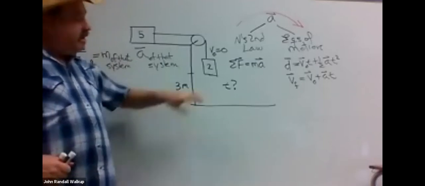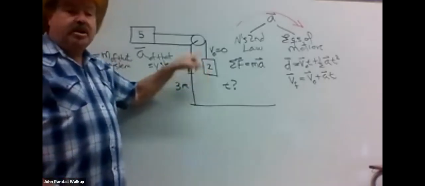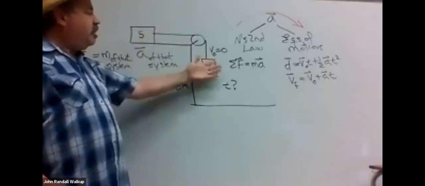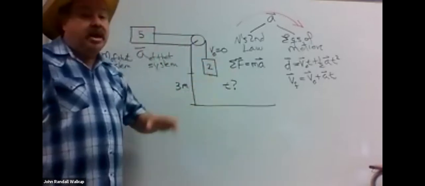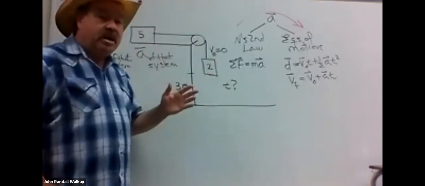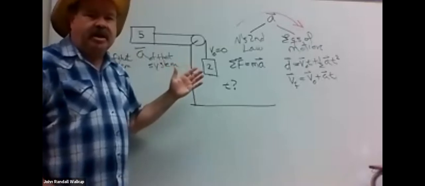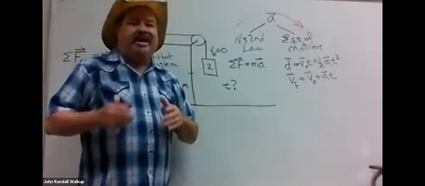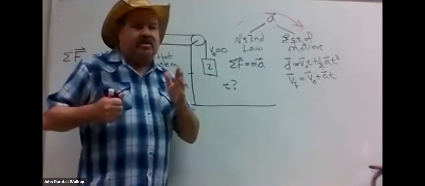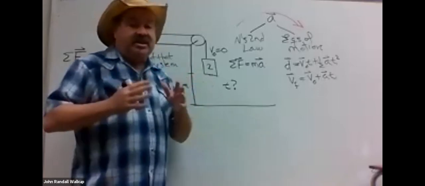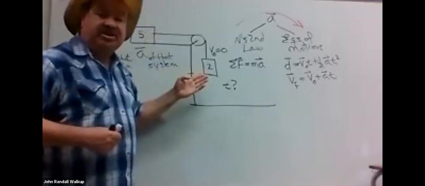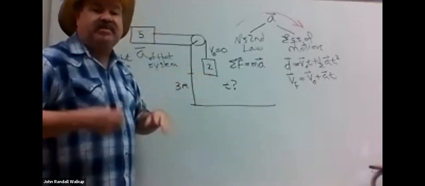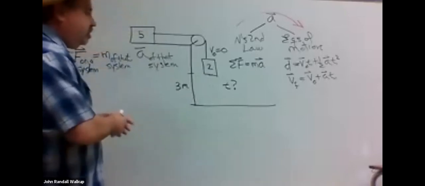Well, you can make it this object, you can make it this one, or you can make it both. And actually, if you make it both, you can solve this problem real easily. However, it's also not very robust. I can trip up that kind of deal pretty easily. I tend to like to choose one of the masses, apply Newton's second law, and see if I can get the acceleration.